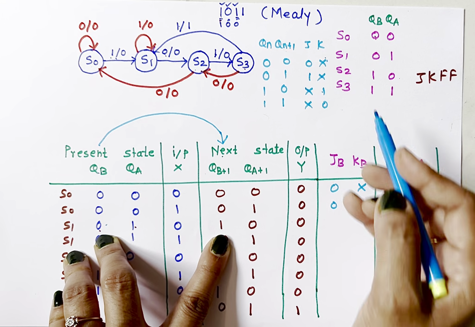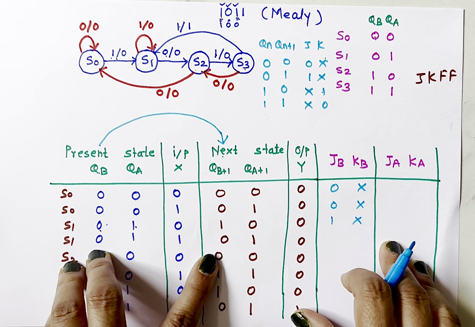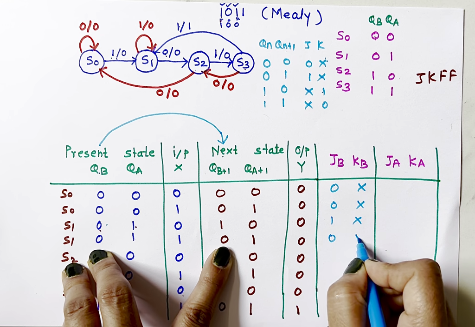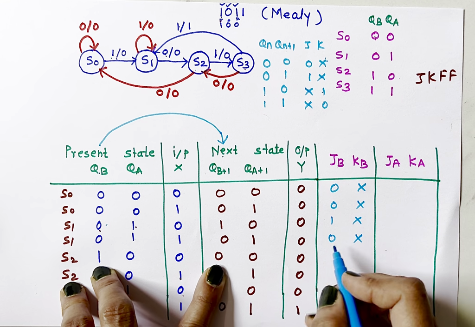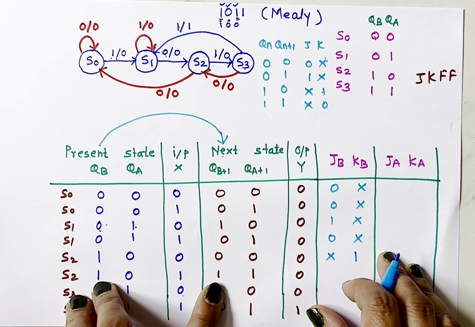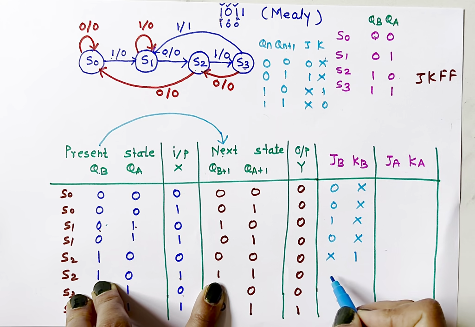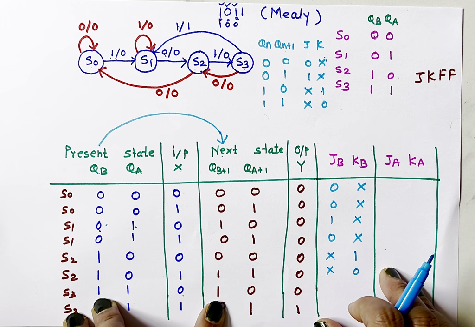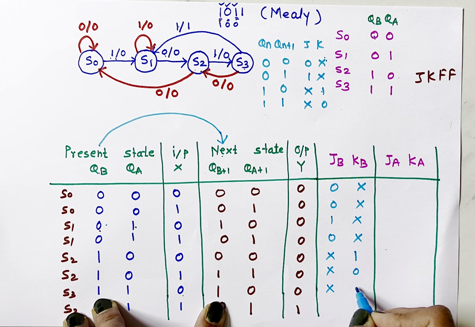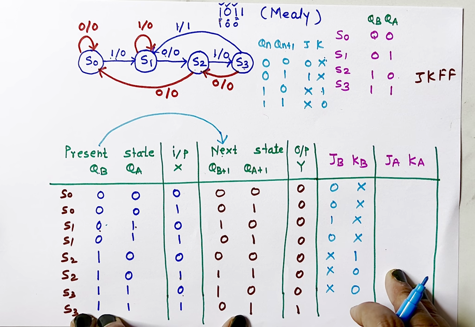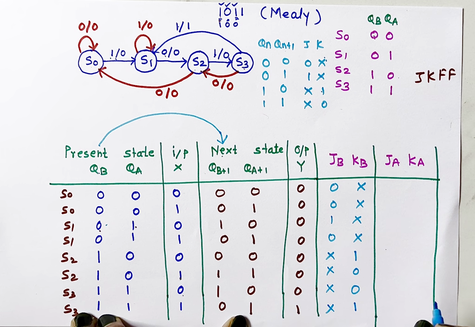So 0, 1, it is 1 don't care. 0, 0, 0 don't care. 1, 0, don't care 1. 1, 1, don't care 0. 1, 1, don't care 0. 1, 0, don't care 1.